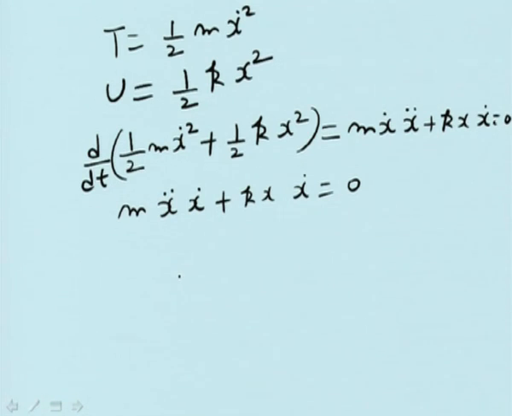Therefore we get the differential equation m x double dot plus k x equal to 0.